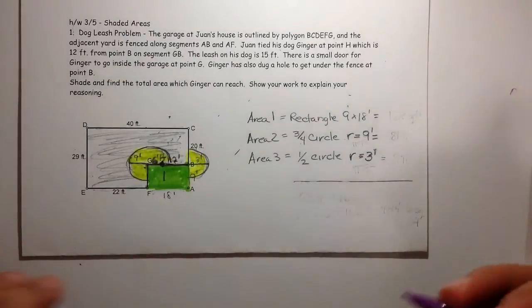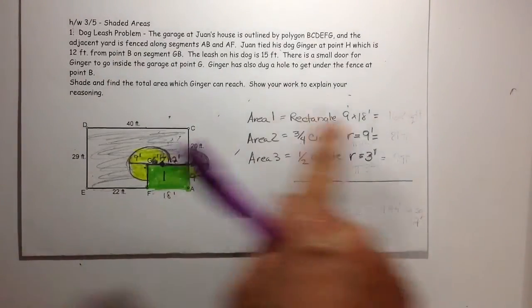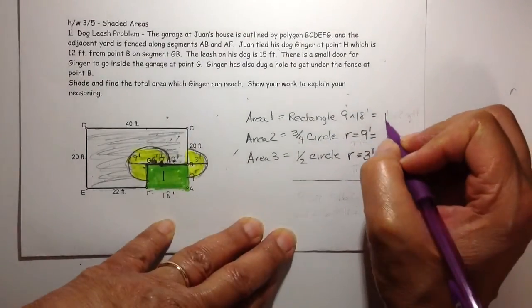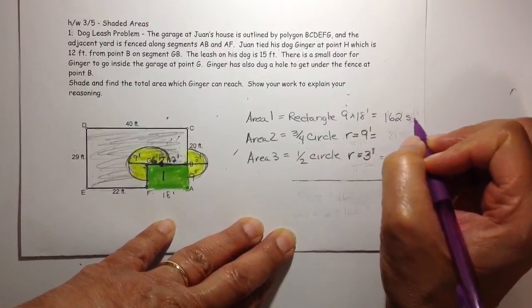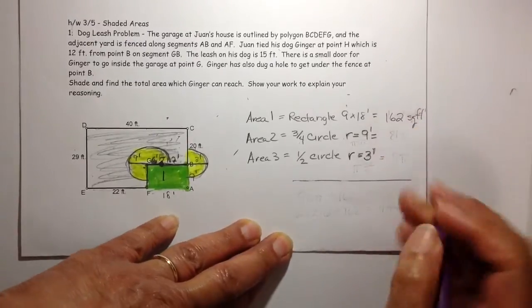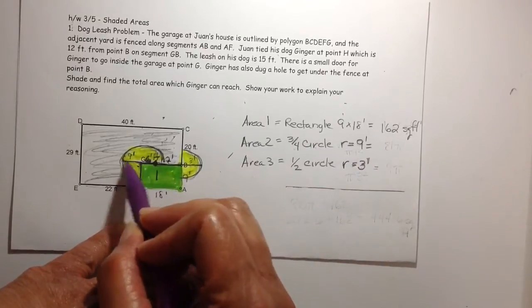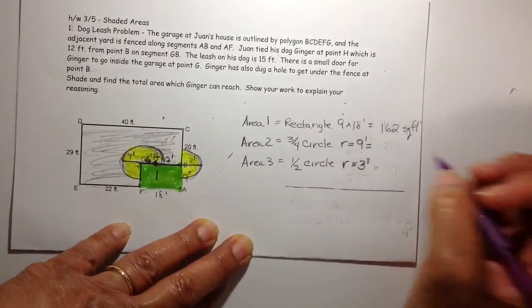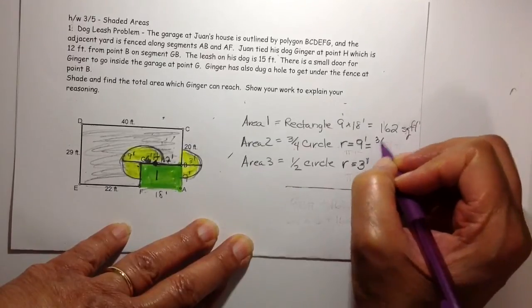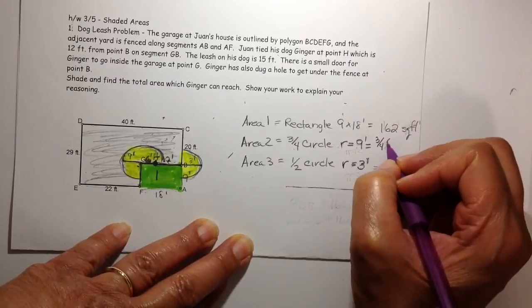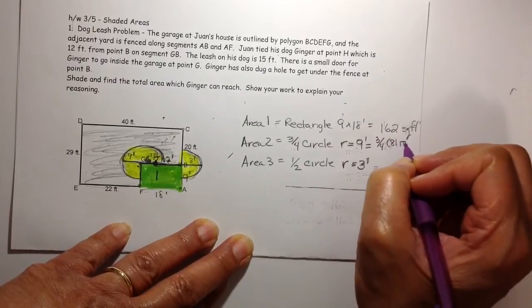Okay, so now we're ready to do our calculation. So for the rectangle, we've got a rectangle that's a 9 by 18. So we know the dog will be able to run 162 square feet. Okay, then we've got a circle that's 9 foot in radius, but it's just a 3/4 circle. So it's going to be 3/4 of pi 9 squared, which we know will be 81 pi.